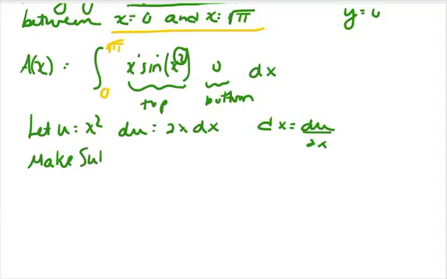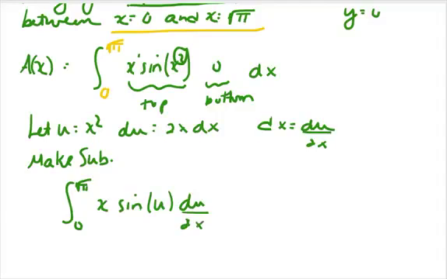You're going to make your substitutions, and we're solving a definite integral. I'm going to substitute in for u, and then du over 2x. Alright, I'm just going to continue this for a while until you guys totally get a hang of it.